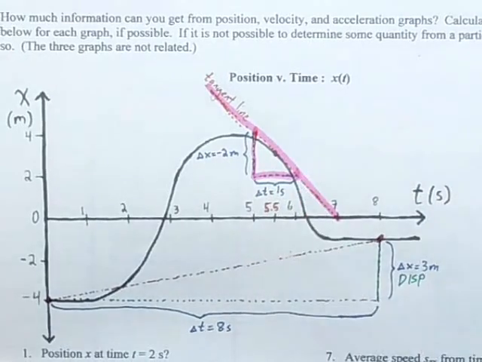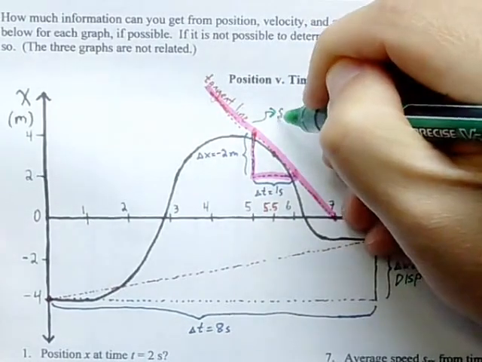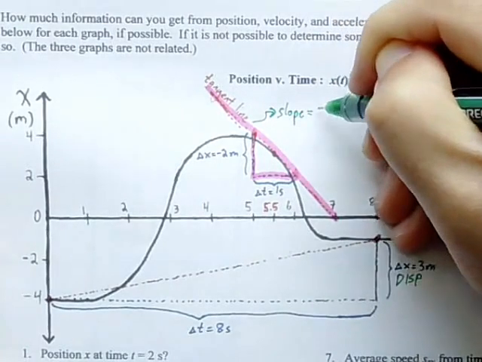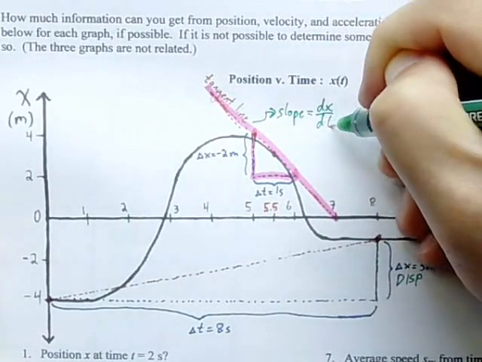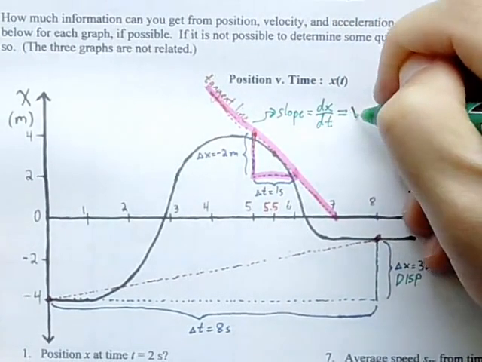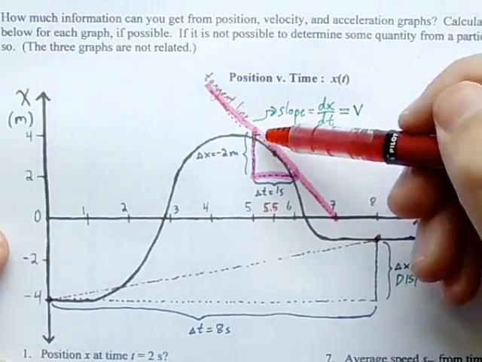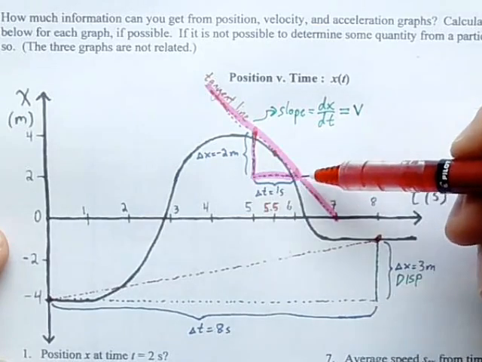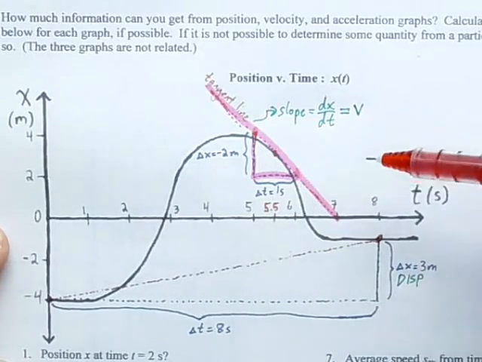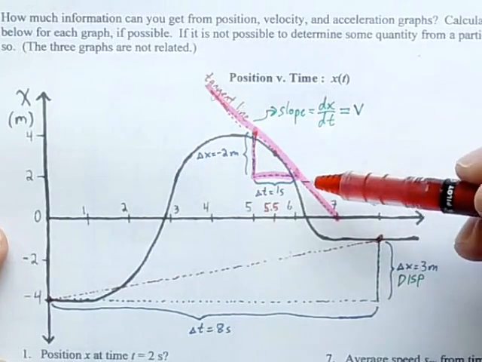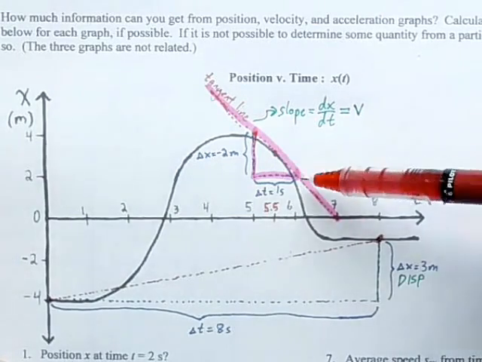So the slope of our tangent line, that is our instantaneous rate of change, that is our velocity. So my estimate is that the velocity is -2 boxes over 2 boxes, so -1 meters per second. And I would be wrong. The slope is not -1 meters per second.